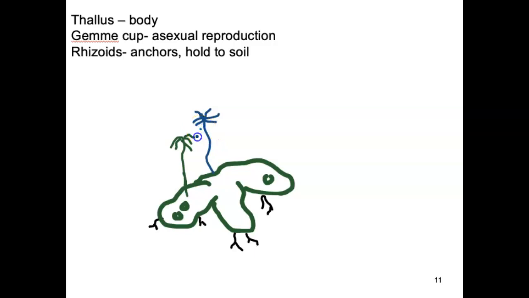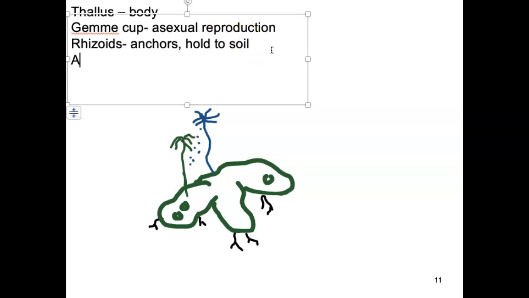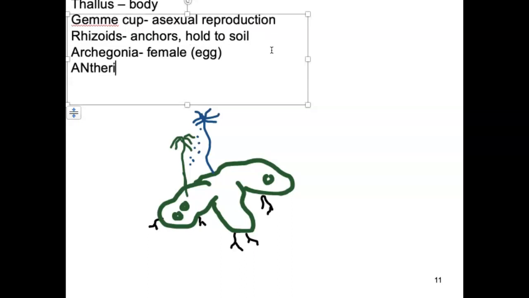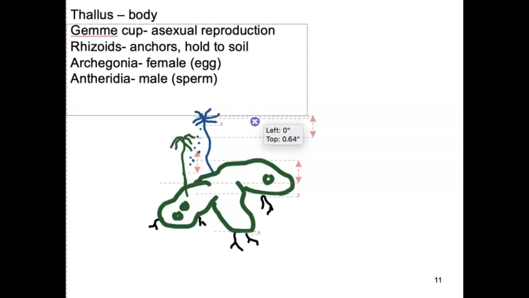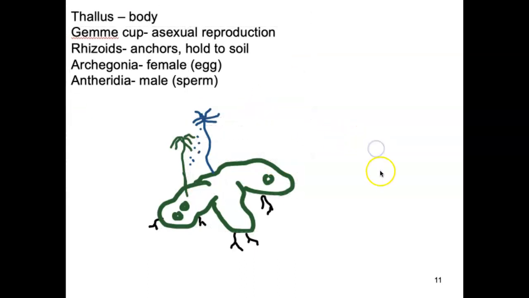And then the sperm have to get washed or splashed to the egg. So archegonia makes the egg. Antheridia makes sperm.